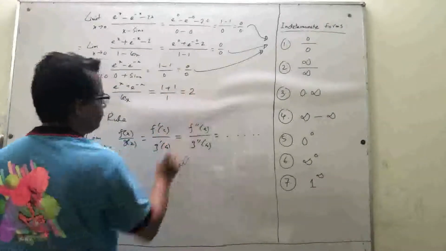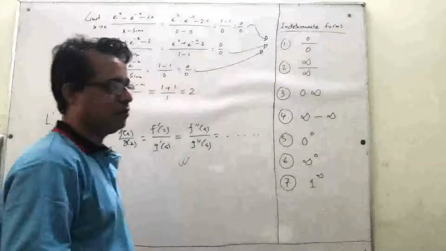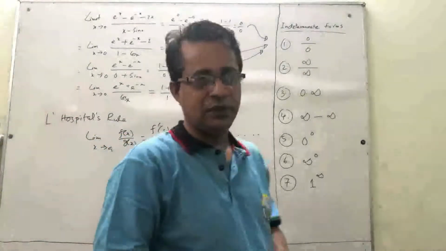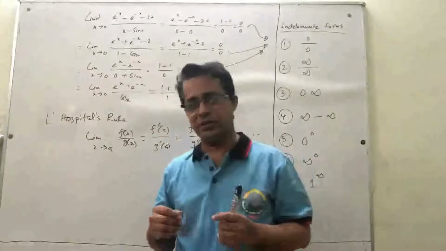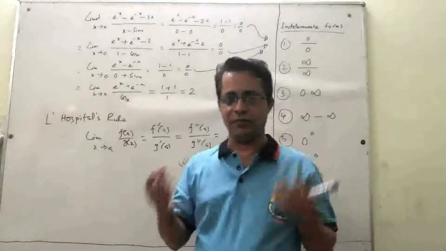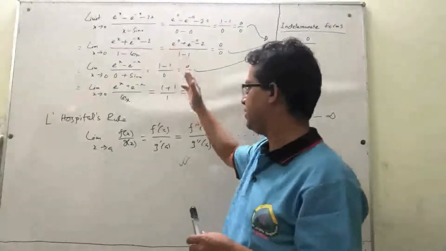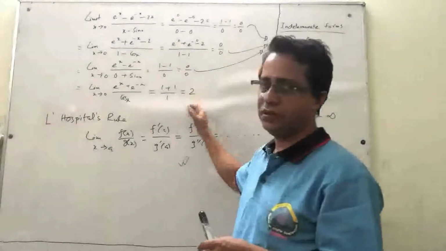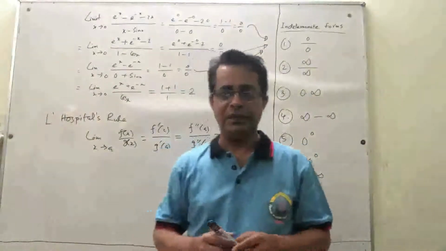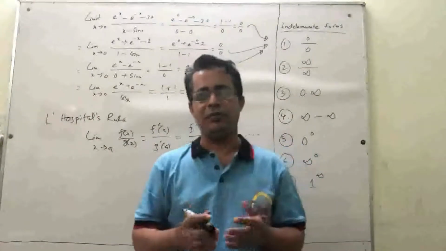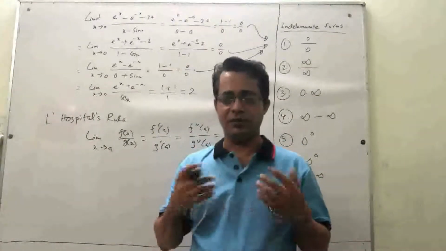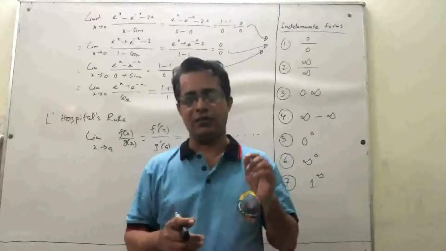Then the result is 2. So we successfully removed the indeterminate form from this limit, and the result is 2. So dear student, we can easily remove indeterminate form by applying L'Hospital's rule again and again on a limit.